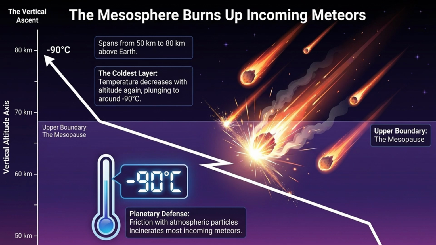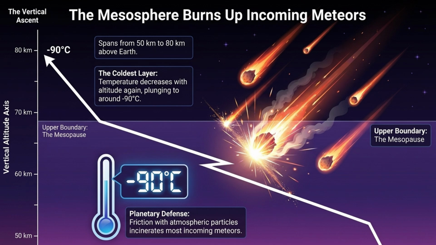of the atmosphere. Another important feature of the mesosphere is that it acts as a natural protective shield for our planet. When small meteoroids enter the Earth's atmosphere from outer space, they encounter atmospheric particles and experience intense friction. As a result, most of them burn up or disintegrate in the mesosphere.